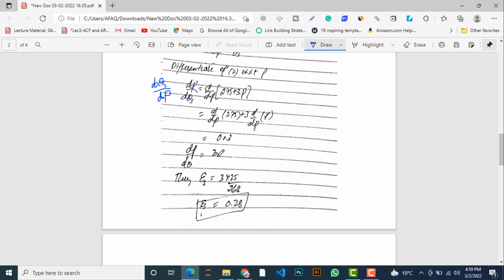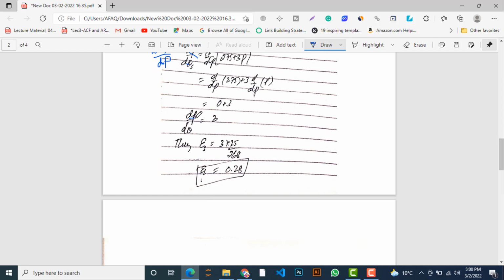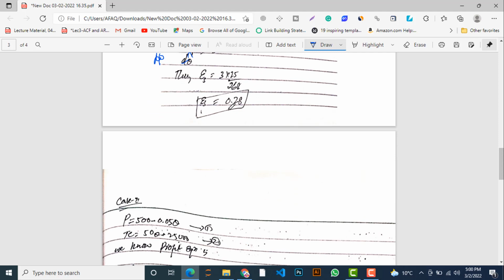Now putting the values of dQs over dP, we will get the value of elasticity of supply: 3 into 25 over 265, which is equal to 0.28.